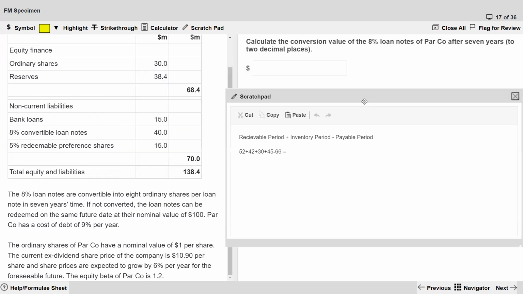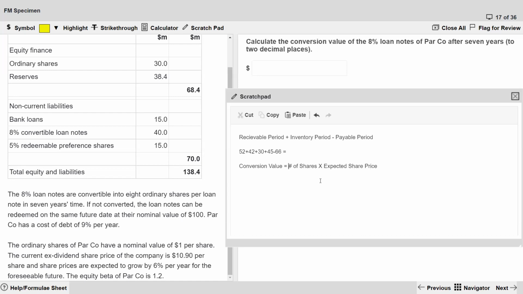For you to be able to calculate the conversion value, let me just guide you. Conversion value is going to be the number of shares multiplied by the expected share price.